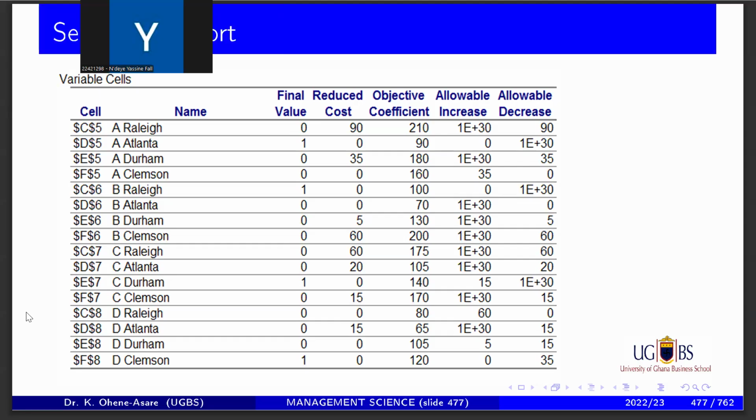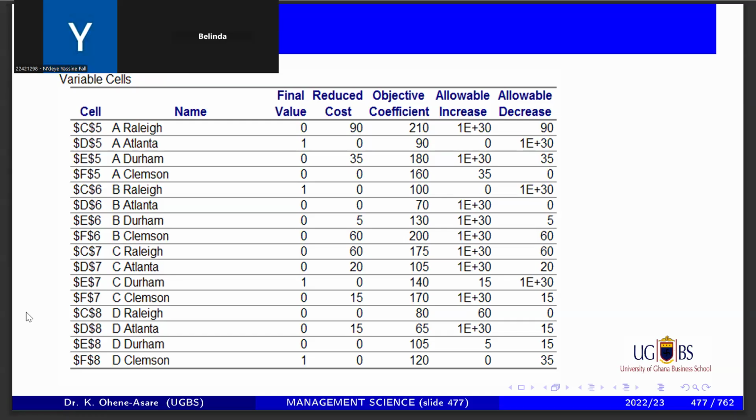Perfect. This is it. Now, if you force, because you are not supposed to do that, if you force official A to go to Raleigh, what will happen? Yes, Yasin.